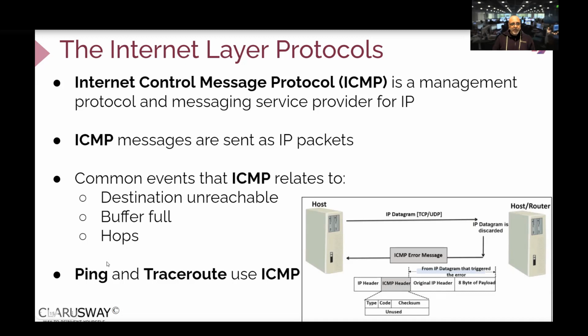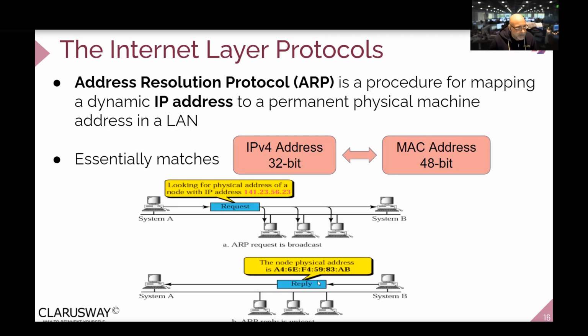And if you haven't used ping up until now, you certainly will if you're doing any kind of networking. But we want to be able to convert from an IP address, we want to be able to get the MAC address, because the IP address changes.